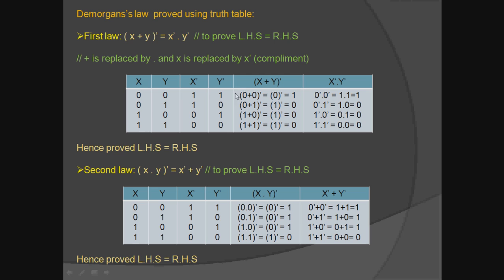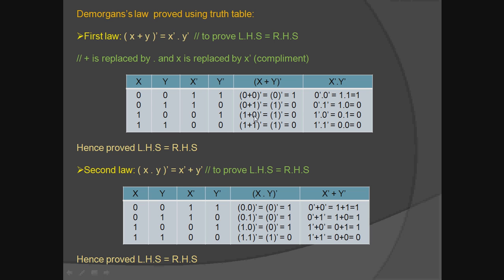So now we have to prove the left hand side and the right hand side. So the left hand side here is x is 0 and y is 0. So we have to negate the whole. So 0 plus 0 becomes 0, and the negation of 0 becomes 1. Then 0 plus 1 becomes 1, and the complement of 1 becomes 0.